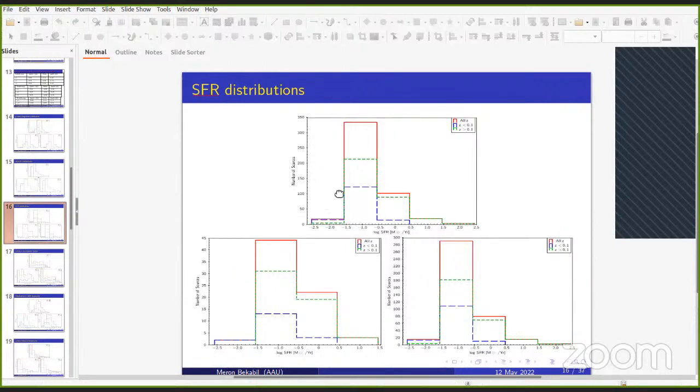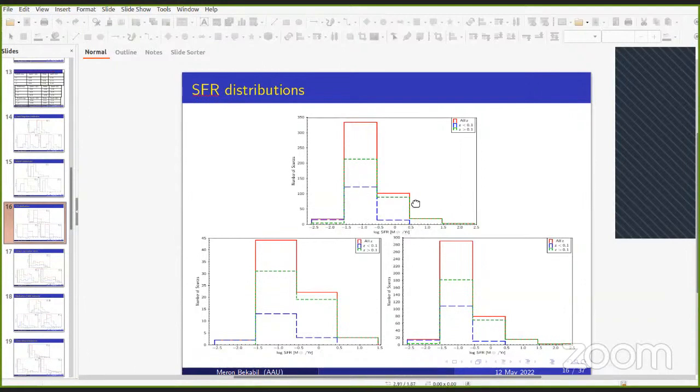This one is the star formation distributions. This is the star formation rate, and this is the number of sources for AGNs. Most of the AGNs are located at low or quenching star formation rate.